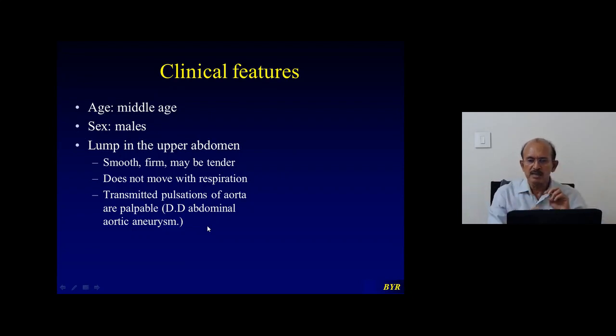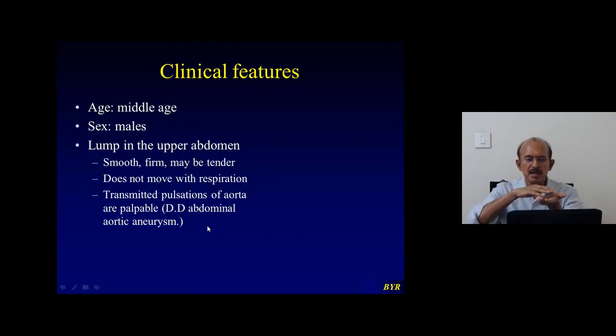That is for a mass in the subcutaneous region where you can feel with this finger test. But for pulsations coming from a deep place like the abdominal aorta, this test is not applicable. So what you do is examine the patient in supine position and watch for the pulsations.